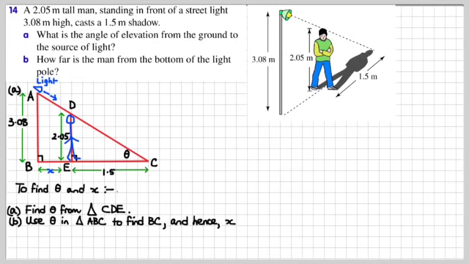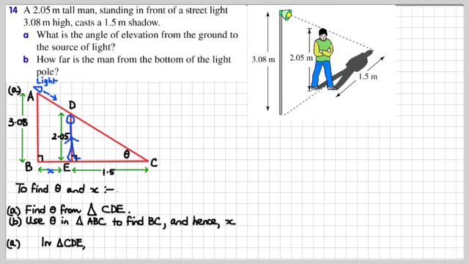So in the larger triangle I can use the theta which I found from the smaller triangle in part A to find BC, knowing the 3.08, the height of the light pole. Therefore I can find x by subtracting the 1.5 away from whatever I get for BC. That's the game plan.